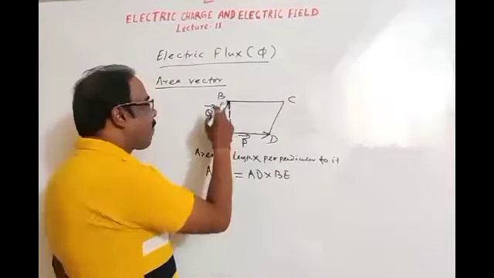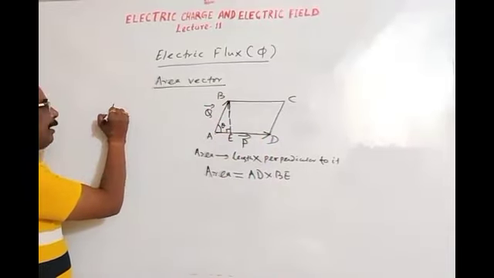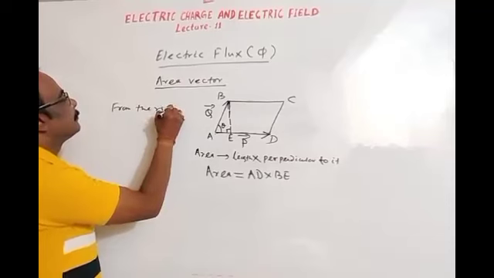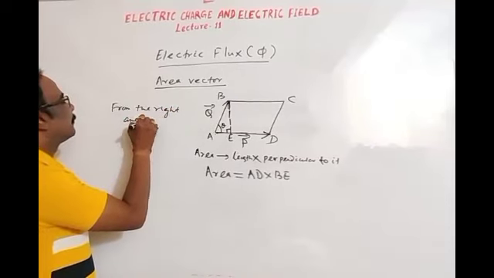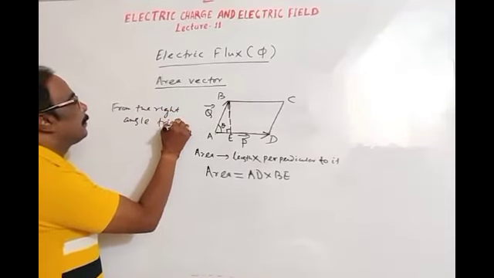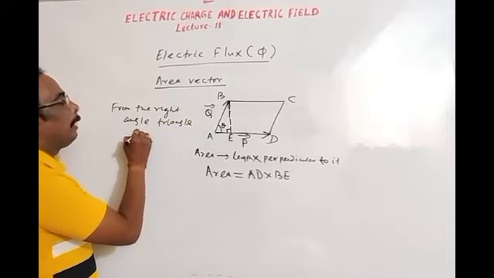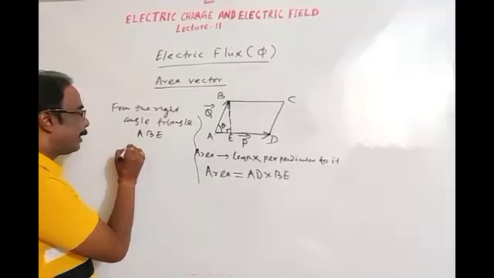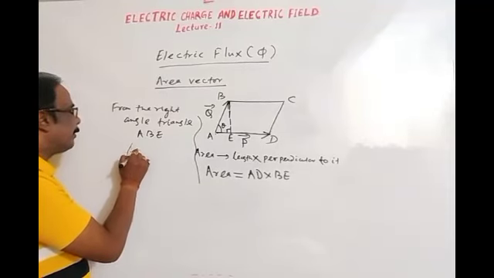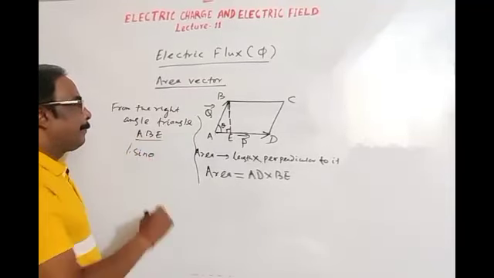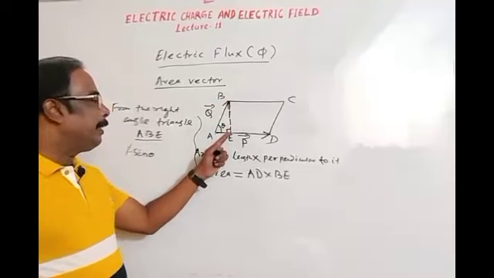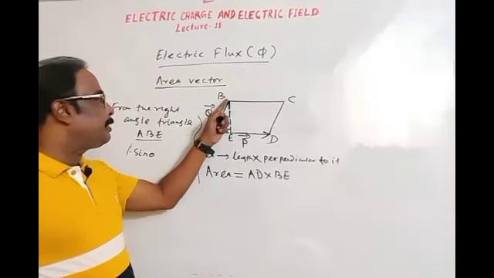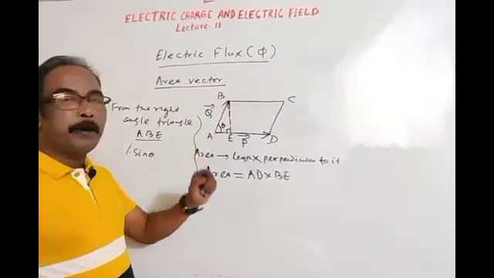Okay, then from the right angle triangle ABE, sine theta. See, in the right angle triangle ABE, this angle is 90 degree. AE is base, AB is hypotenuse, BE is perpendicular.